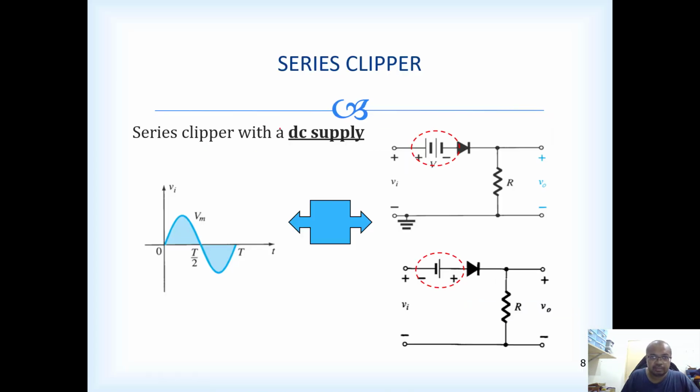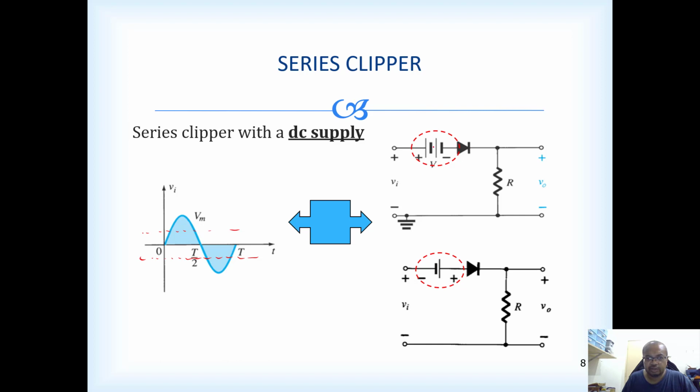Okay, for the clipper, usually we can use a DC supply to manipulate or clip a certain portion of the signal. For example, if you want to clip here, you have to use a DC voltage. If you want to clip on top, you also use a DC supply; you just need to manipulate the direction.